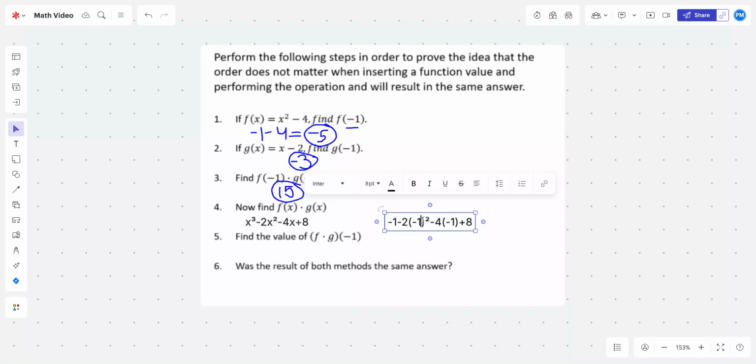Now here's something people do a little wrong: they multiply before they do the squaring, and that's breaking the rules of PEMDAS. It's exponents before multiplication. So negative 1 squared is just negative 1. Now we get negative 2 times negative 1, which is positive 2. And again, negative times negative is positive, so 4 times 1 is just 4.